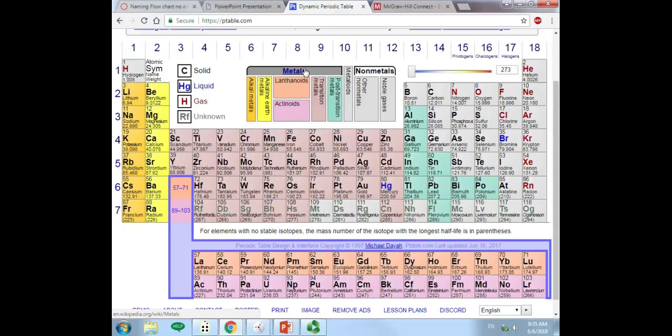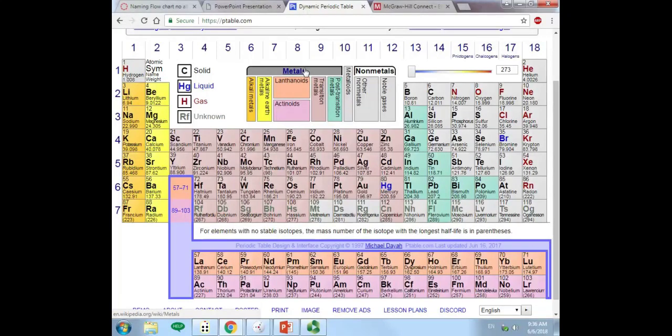So if you have more than 2 element symbols in the formula, it has to be a polyatomic ion. So that's a quick and dirty way, just for now, before you have them all memorized by tomorrow, to tell if there's a polyatomic ion. If it has a metal or more than 2 elements, it's ionic.